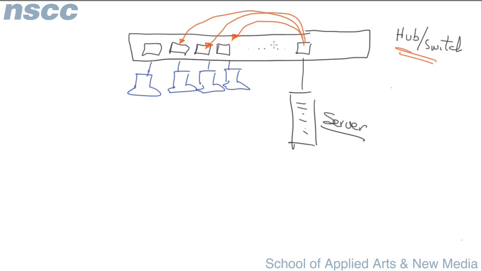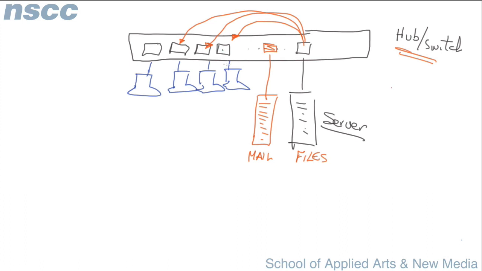But as soon as we add maybe a second server off our switch, and as soon as maybe this is for mail and maybe these are for files, now all of a sudden we have these machines wanting to get information from both.